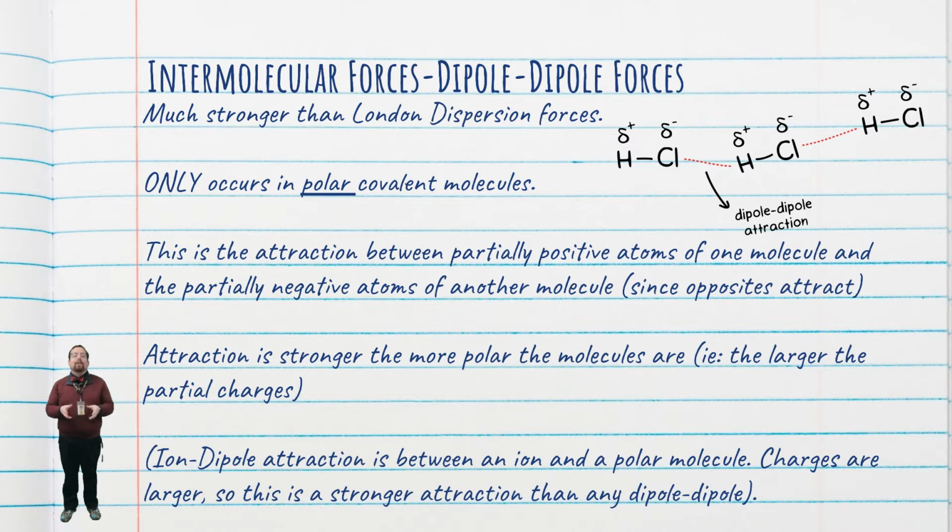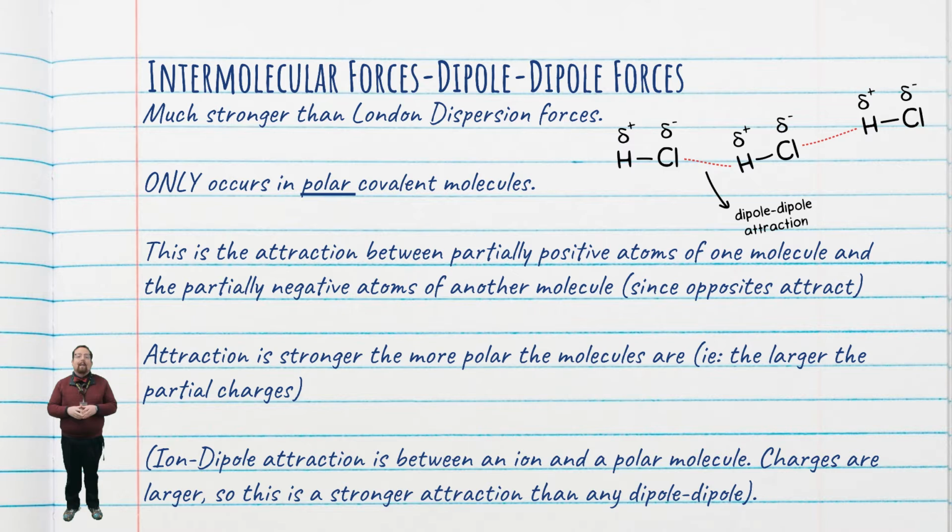By now, we should know that opposite charges attract, just like in ionic bonding, or the additional attraction found in polar covalent bonding that we talked about before. In the same way, the partially negative atoms in one polar covalent molecule can find themselves attracted to other positive charges, like positive ions when we dissolve ionic compounds in water, or other polar molecules that have partially positive charges on them.